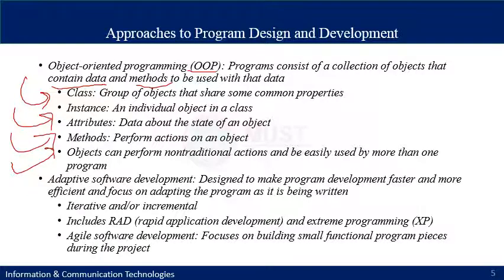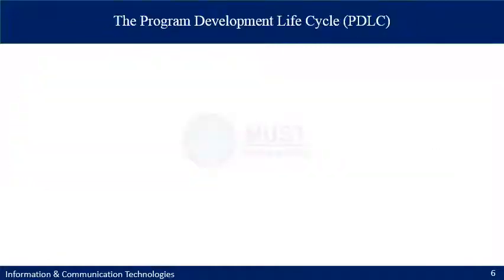In these methods, we have some agile software development methods which focus on building small functional program pieces during the project. Whenever you are developing a program, you have to go through certain phases of program development.